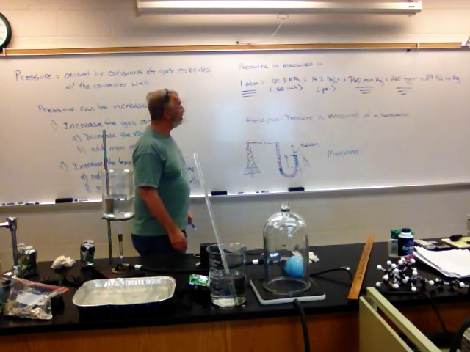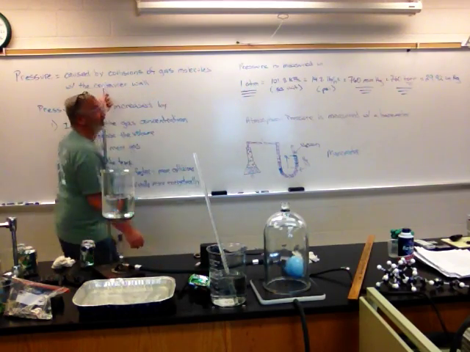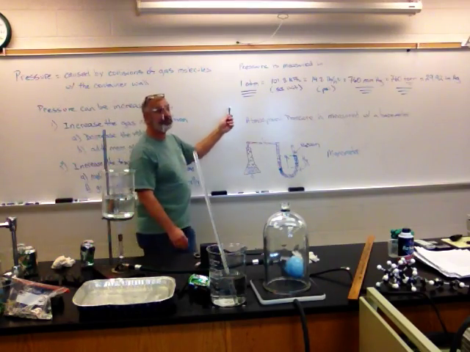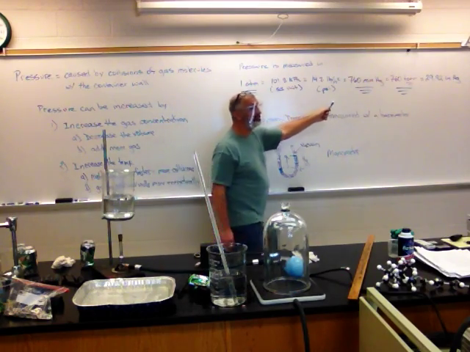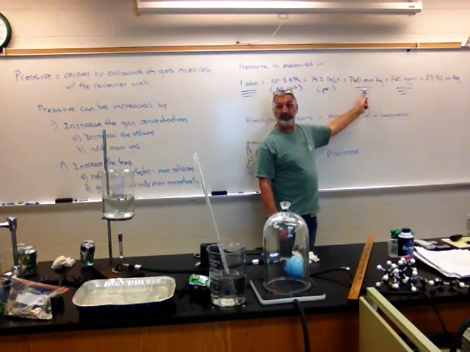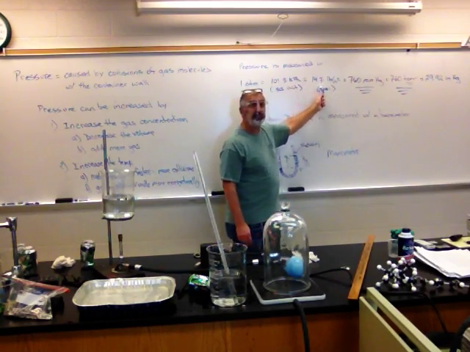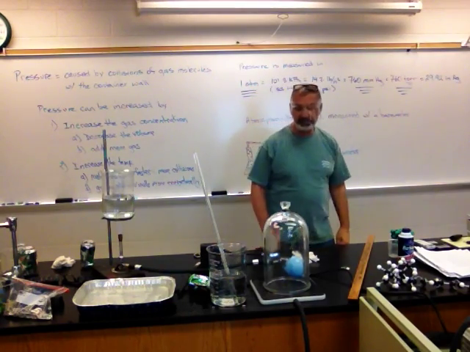So, all right, we need to know what pressure is, and we need to know how it's measured, and these conversion factors, okay? And again, atmospheres to millimeters of mercury is the most important one that you need to know. But we hear all the time pounds per square inch, so I wanted you to kind of see how impressive that was.